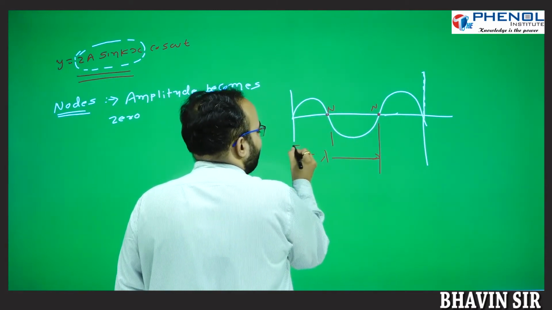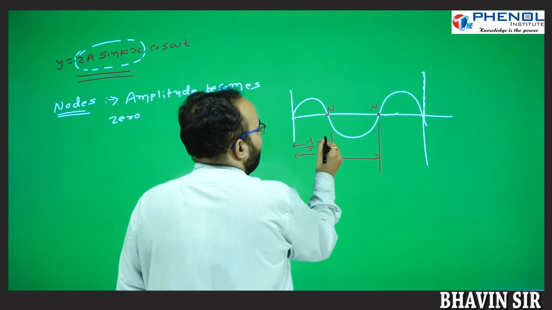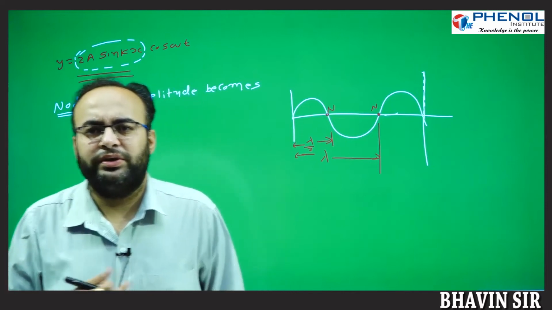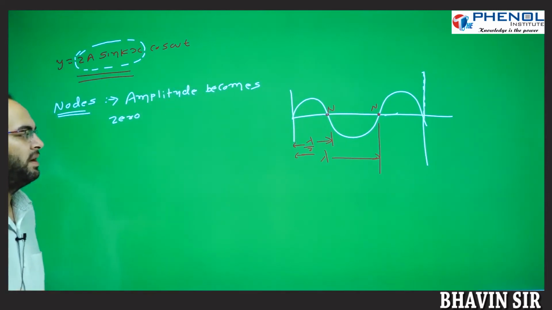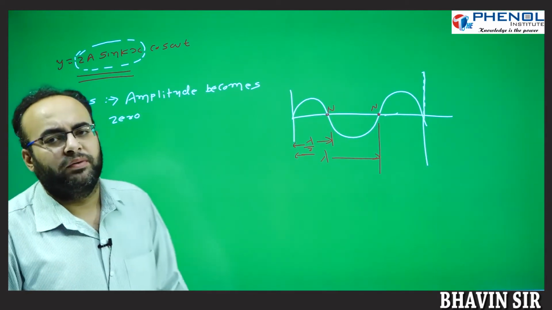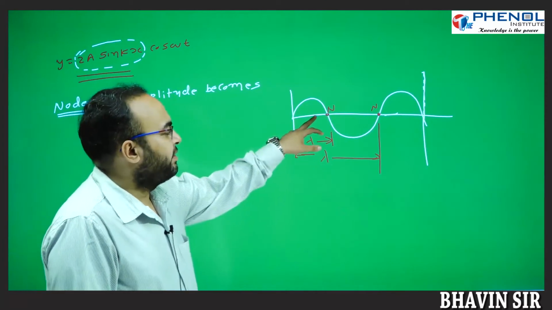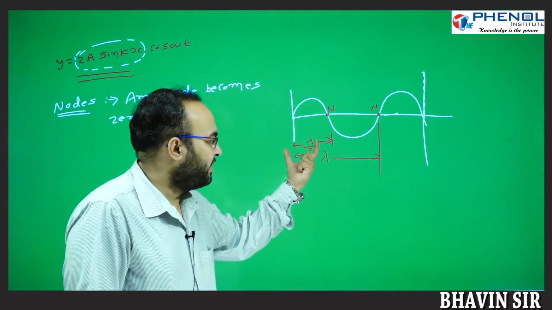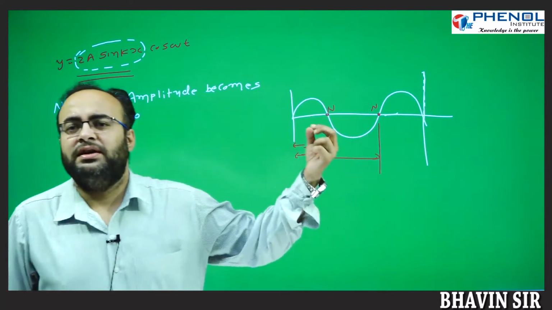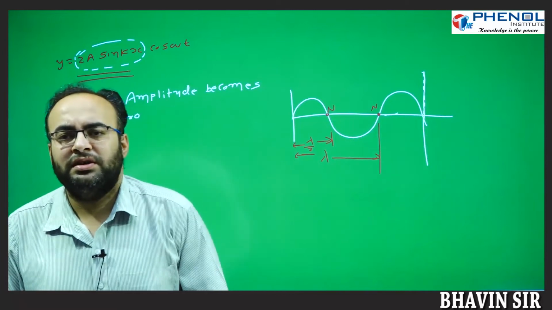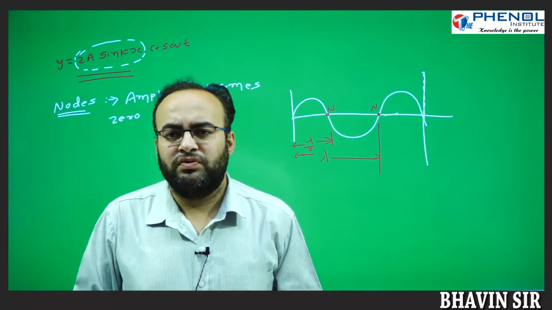So what are those points? Lambda by 2, lambda, then 3 lambda by 2. Those are the positions of nodes. Here amplitude becomes 0, so this is total lambda, and this is half. So lambda by 2, lambda, 3 lambda by 2, 2 lambda, all are the positions of nodes.